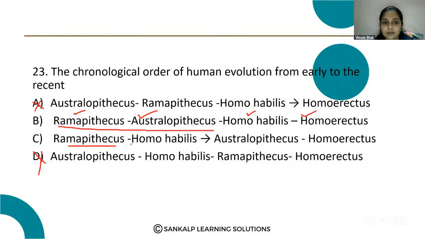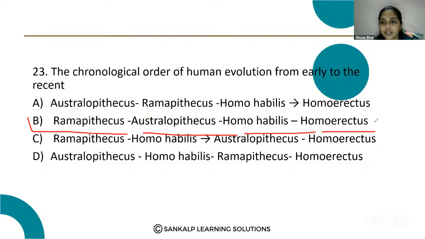After Ramapithecus, Homo habilis is not there, so this one is the wrong answer. So you can say option B: Ramapithecus, Australopithecus, Homo habilis, Homo erectus, then Neanderthal man, then Homo sapiens. That is the order. Okay, option B, yes, you're right.